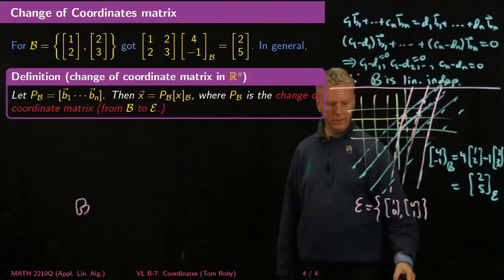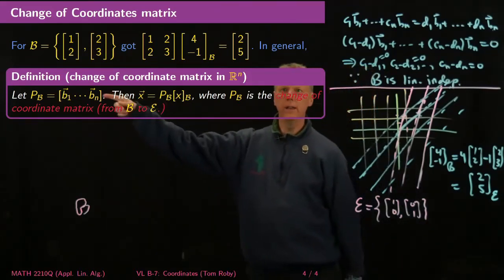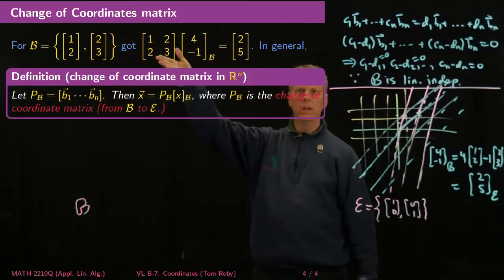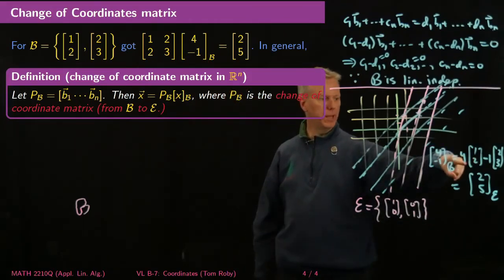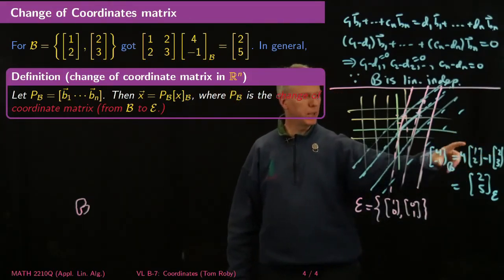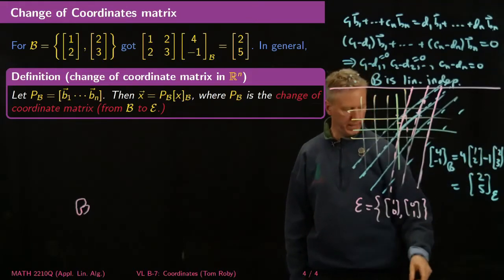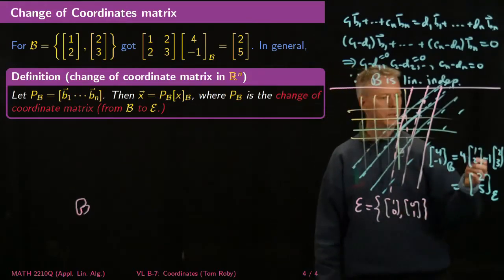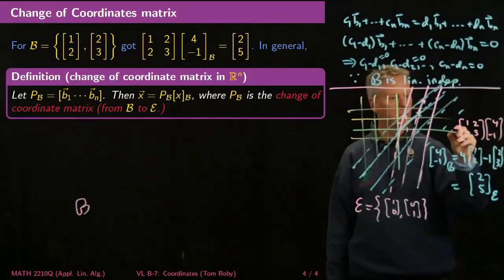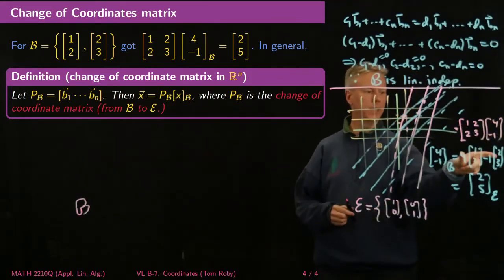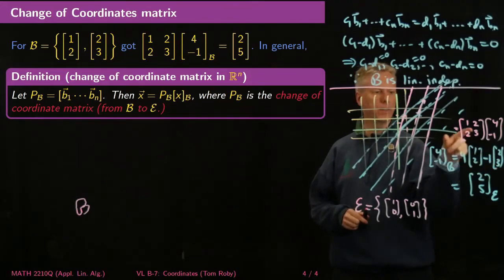So here's what we've got. Of course, this linear combination, (4, -1)_B, equals 4 times this. I can really think about this as, by definition, taking the matrix of this basis, (1, 2), (2, 3), and multiplying it by (4, -1), because that's what taking this linear combination of the vectors means.